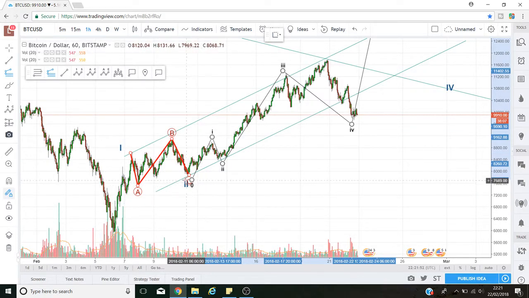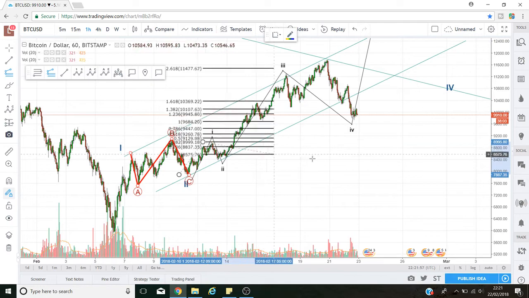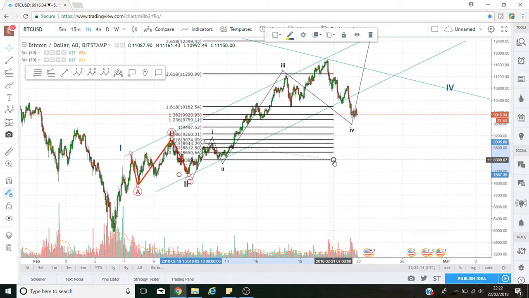So if we do a fib extension from the bottom of wave 1, you can see it reached a 2.618, a very common resistance zone, a very popular Fibonacci level. It hit the 2.618. Alright, so that's the end of wave 3.